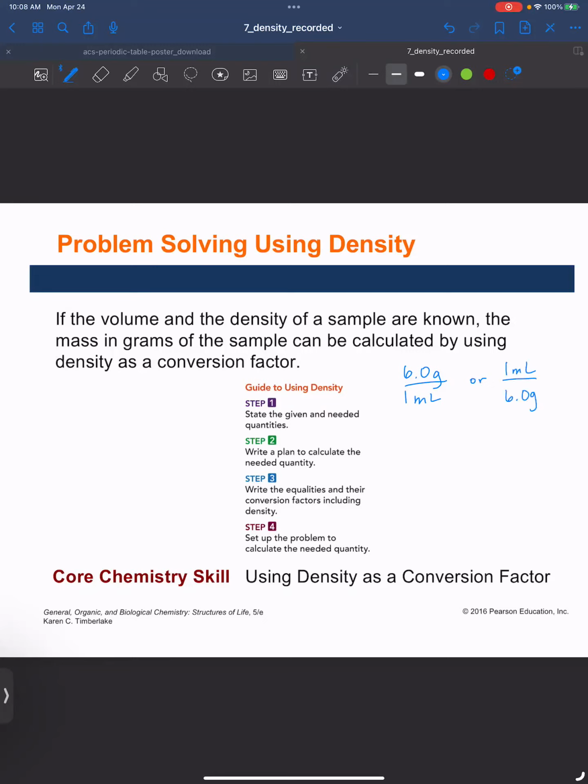It's a relationship between the mass of the object and the volume of the object. So we can take any density value and use it as a conversion factor. And same thing, if you switch this 1 milliliter to cubic centimeter, because 1 milliliter is equal to 1 cubic centimeter, you can use that conversion factor as well.